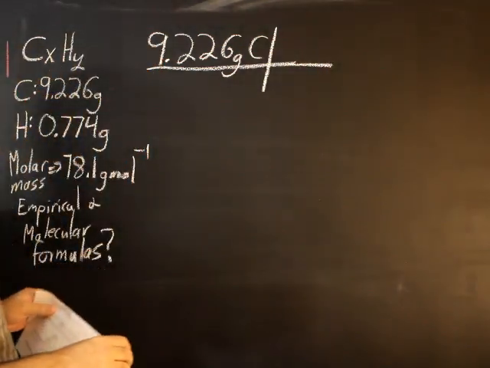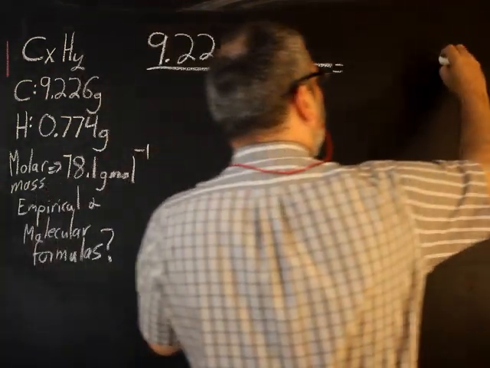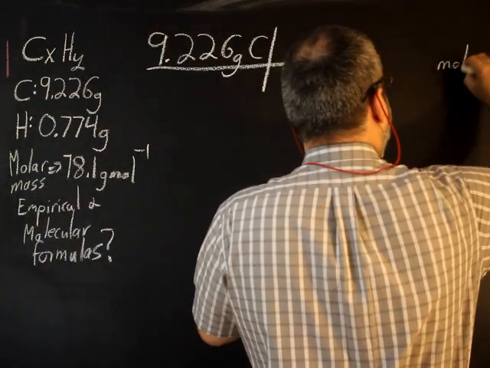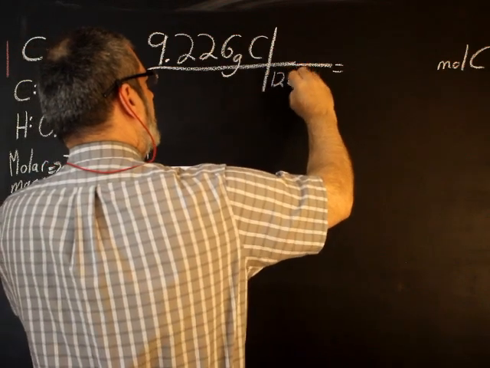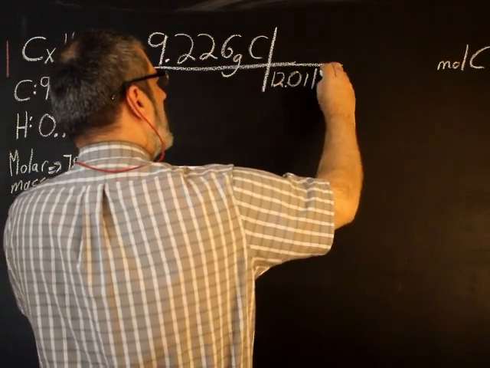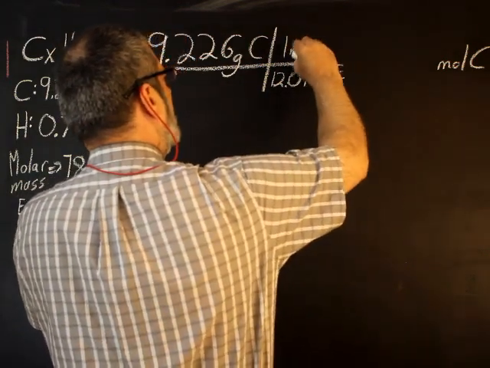So 9.226 grams of carbon, and we want moles of carbon. I just used the molar mass from a periodic table, grams of carbon.